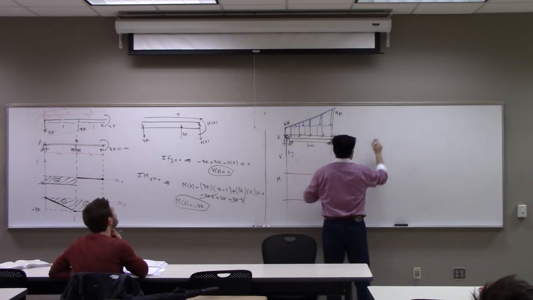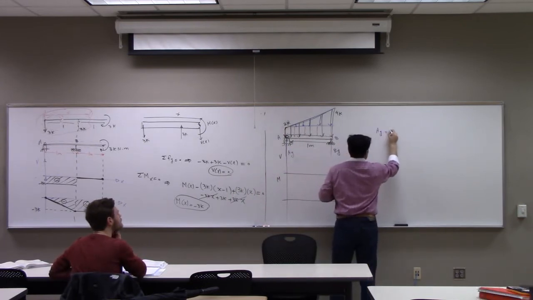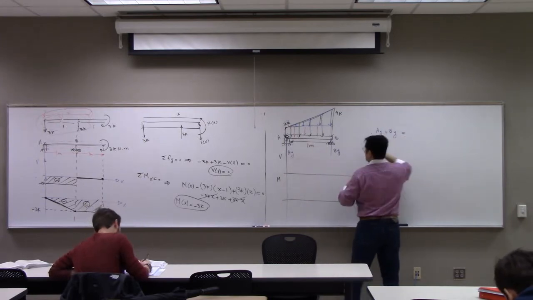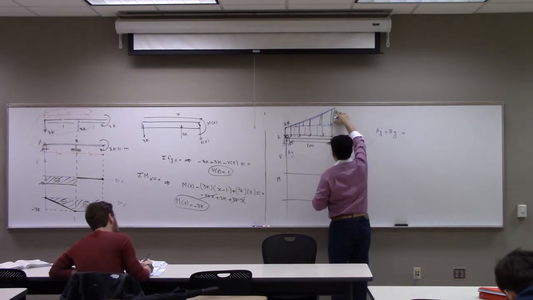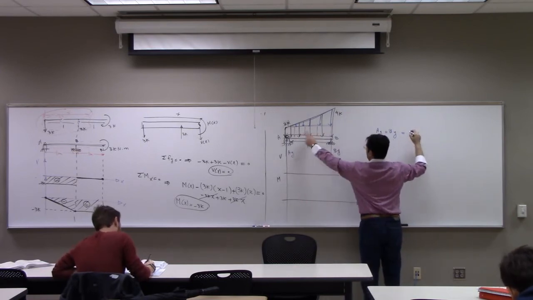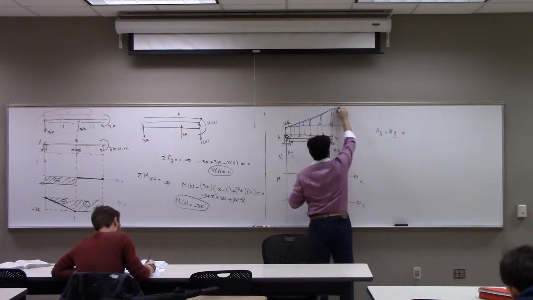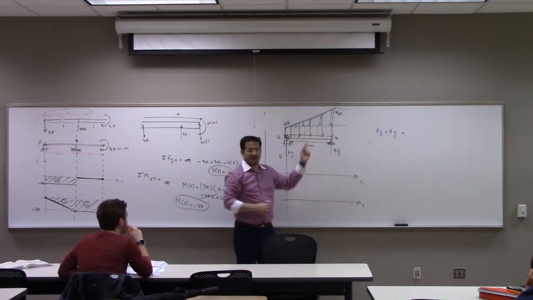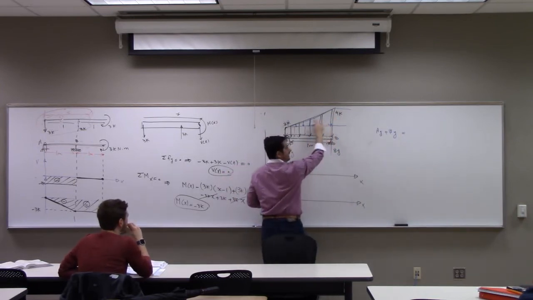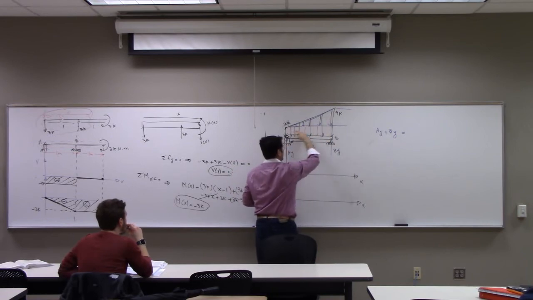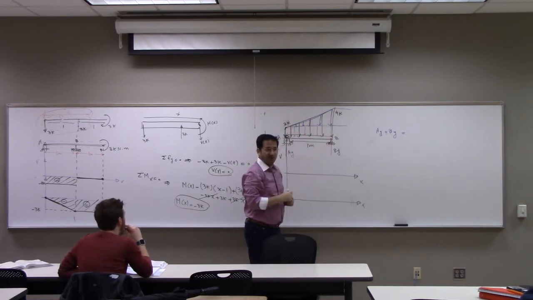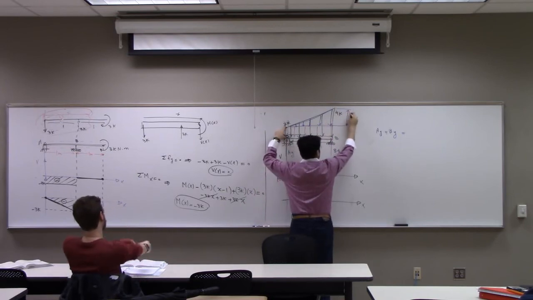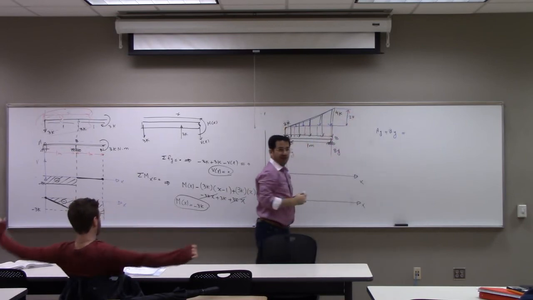So you write Ay plus Dy is equal to this one, which is 4k minus 2k. Don't forget, this height, a usual typical mistake here, they think that this is 4k, the area of the triangle, 4k times the base divided by 2. But the height is 4k minus 2k, so this is 2k. Don't forget that.